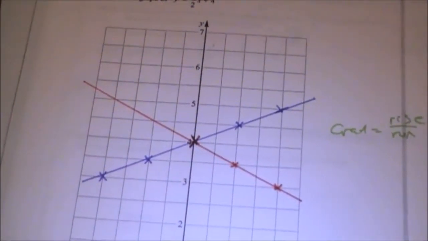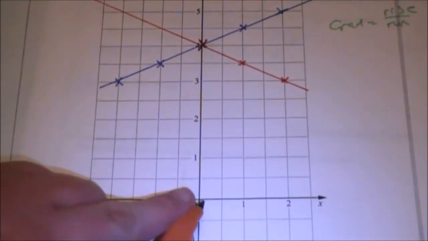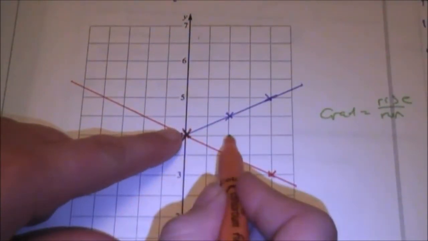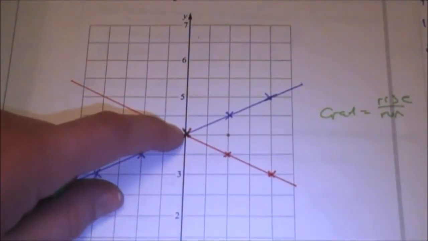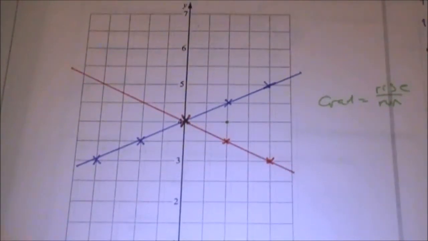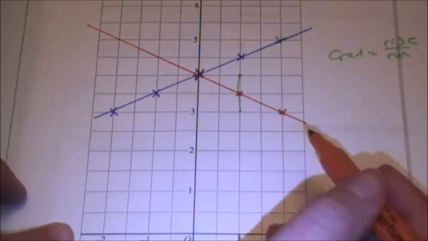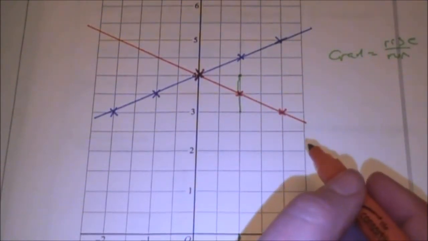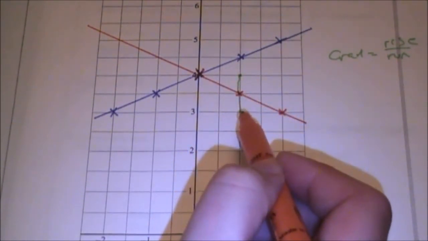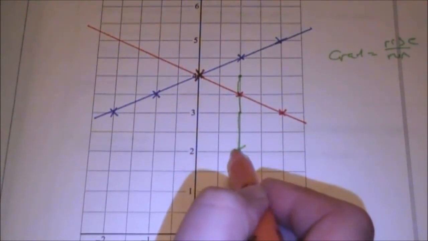It means in order to get a gradient of -2, I need to come across 1, but 1 is actually 2 squares. So I'm coming across 2 squares, and then I need to come down 2 because it's got a gradient of -2. You might be thinking, oh well that's down 2, but that's only coming down 1. We need to come down 2.